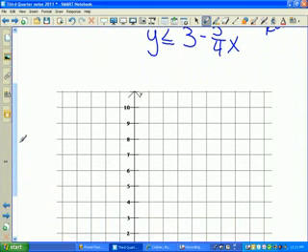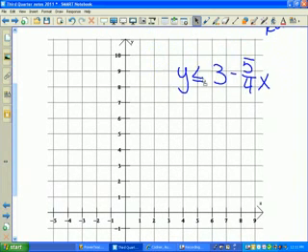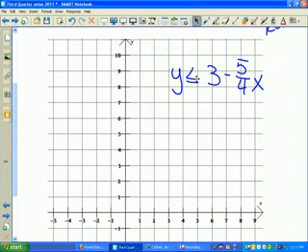So now, let's graph. Where do I start? I will start at my y-intercept. My y-intercept is telling me it's a 3. It's positive 3, so I'm putting a point on positive 3. And from this point, I'm going to look at my slope, which is telling me negative 5/4.